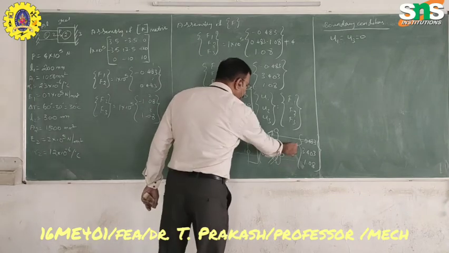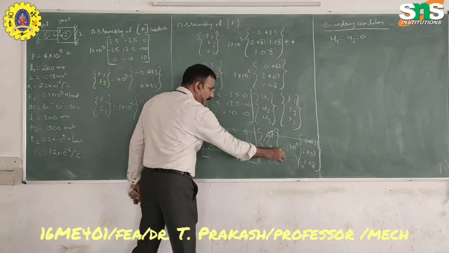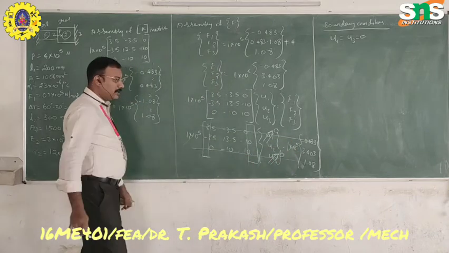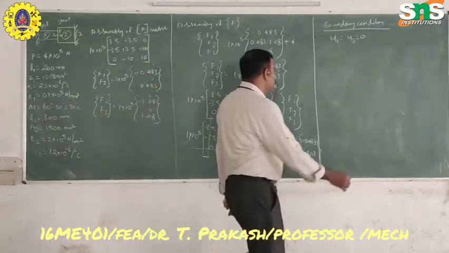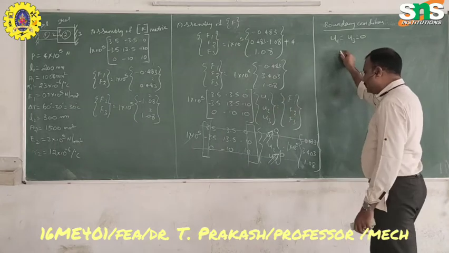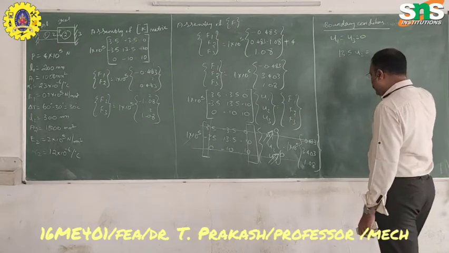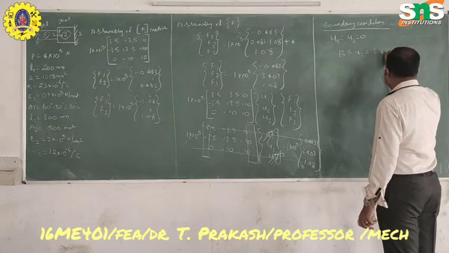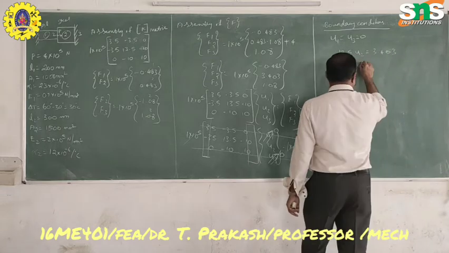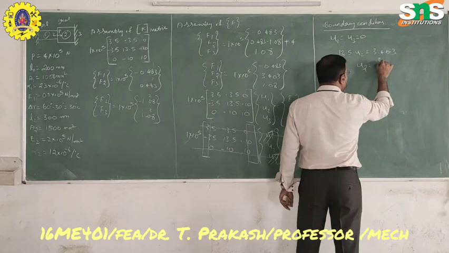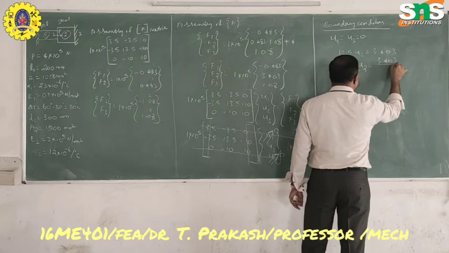And the common term 1 into 10 power 5 you can also delete. Now we get only the U2 value, that is 13.5 U2 is equal to 3.403. Now, directly we can find the U2 value by dividing 3.403 by 13.5.